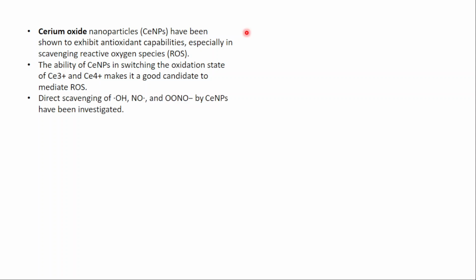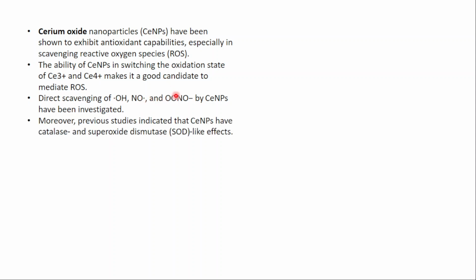Direct scavenging of OH radical, nitric oxide radical, and nitrate radical by CeNPs has been investigated. There are multiple reports where CeNPs have been used for scavenging of OH radicals, nitric oxide and nitrate radicals. Moreover, previous studies indicated that CeNPs have catalase and superoxide dismutase like effects.